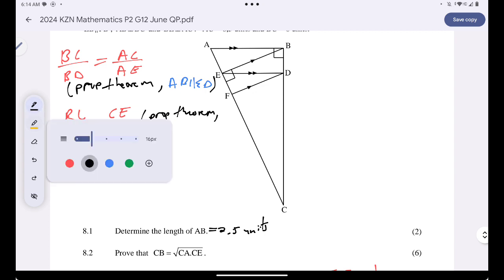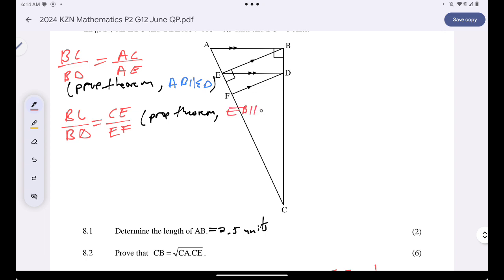But now the reason is because EB is parallel to FD. So therefore I'll simply say that AC over AE should be equal to CE over EF. Why? Because both ratios are equal to BC over BD. Are we together?